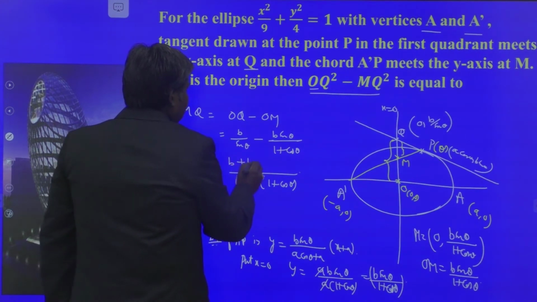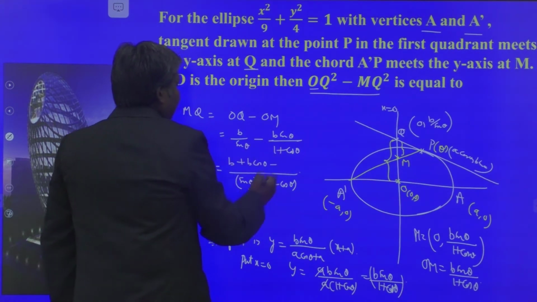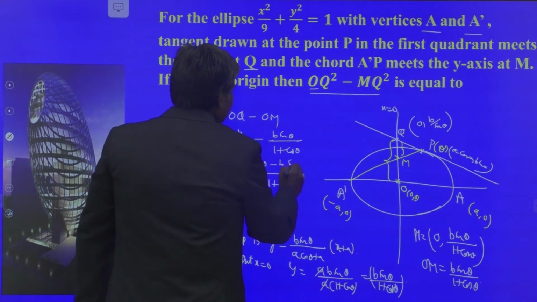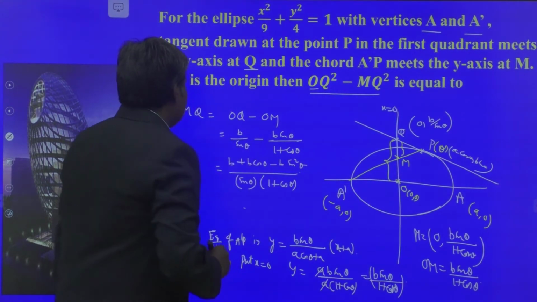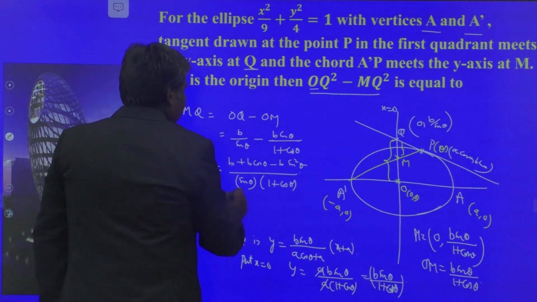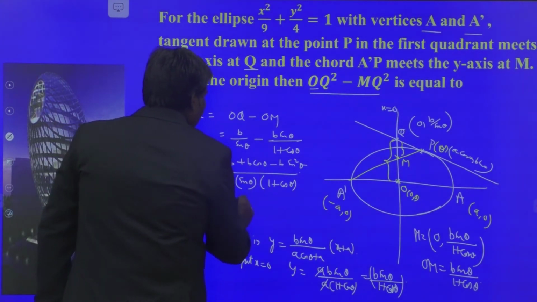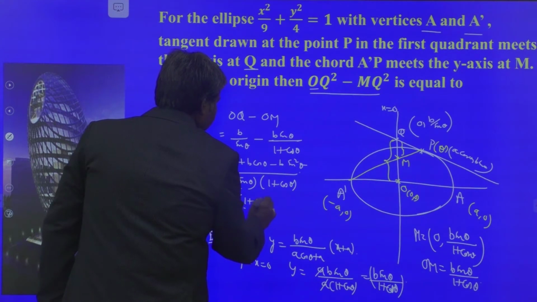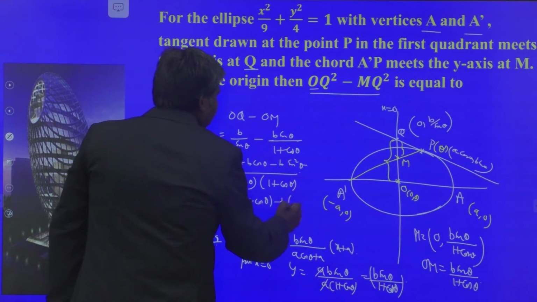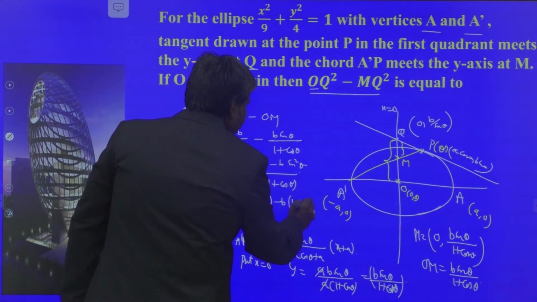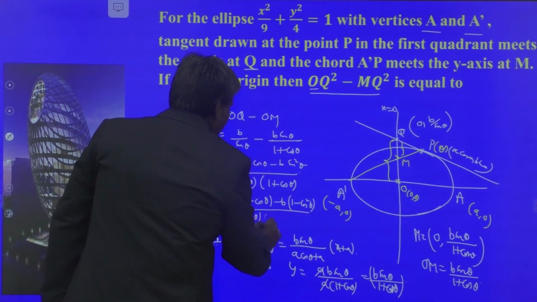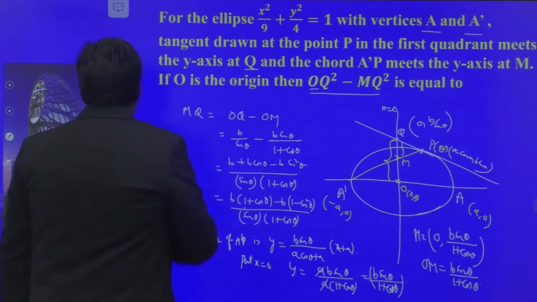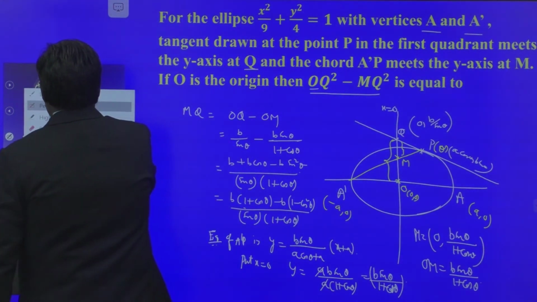Sin theta into (1 + cos theta) in the denominator. The numerator is b + b cos theta minus b sin square theta. That is nothing but b into (1 + cos theta) minus b into (1 - cos square theta), all divided by sin theta into (1 + cos theta).